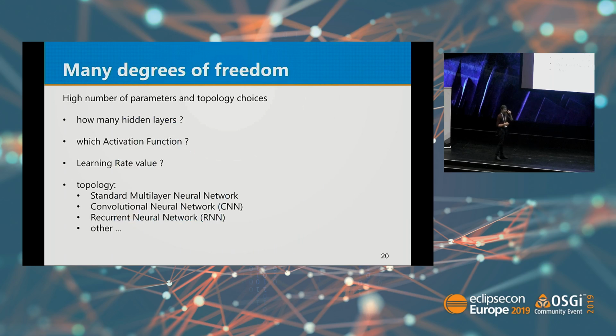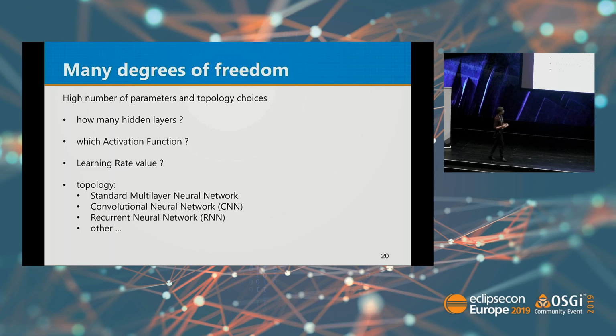There are many degrees of freedom in this field. You will find yourself asking: how many hidden layers should I put? How many nodes should I put there? Which activation function should I use? What value for the learning rate? What kind of network?